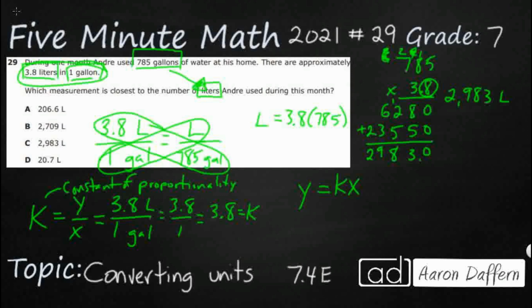And you see that our gallons is what we're looking for, and our gallons was our x. So we're going to say y equals our k, which is 3.8, and then our x, 785, because our y was our liters, and that's what we're looking for. And we've already done that. The answer is C.